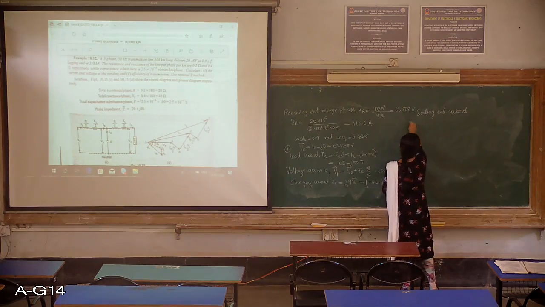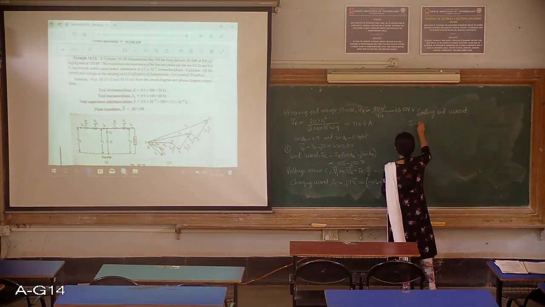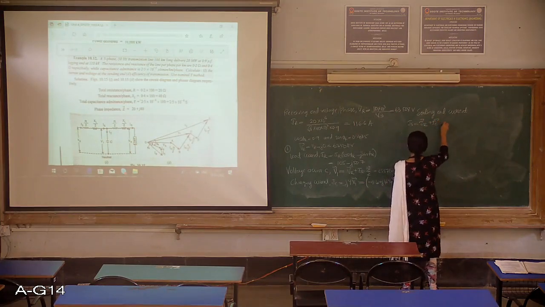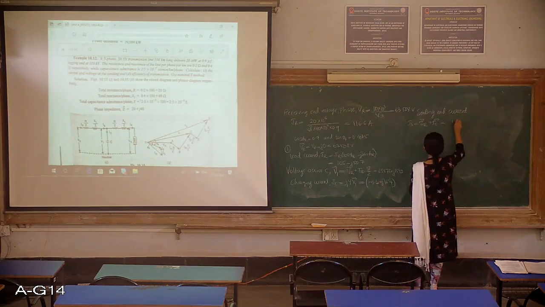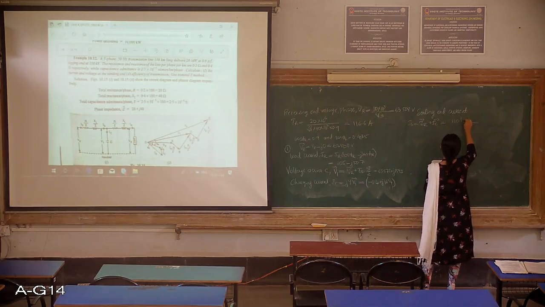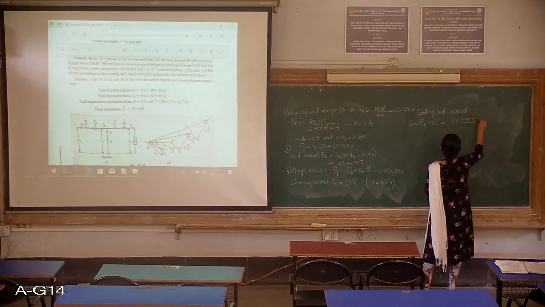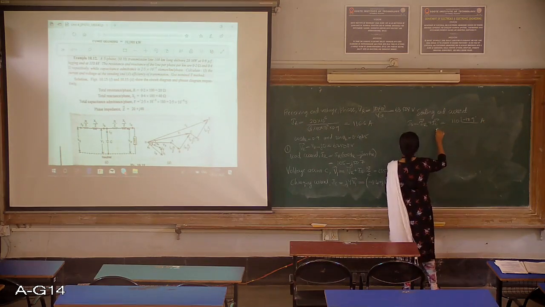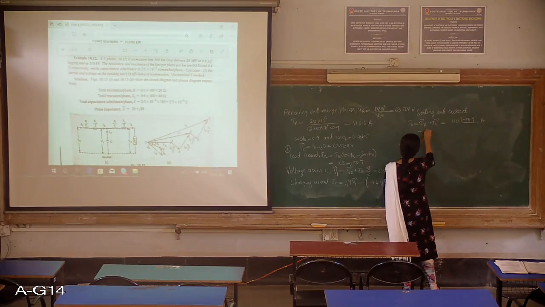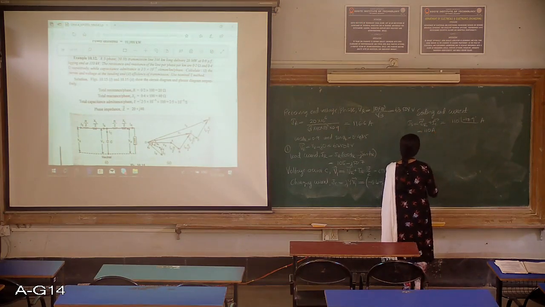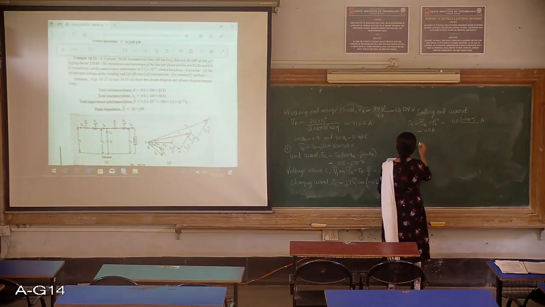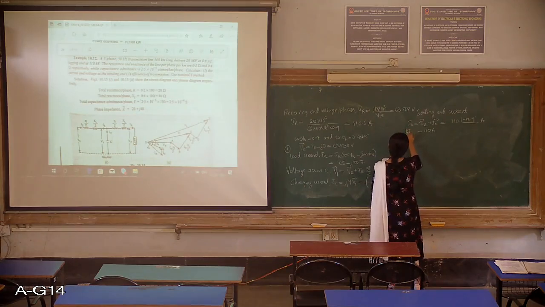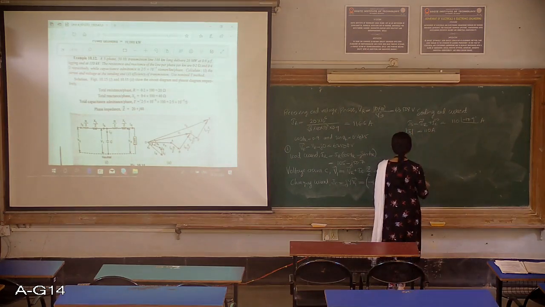Please refer to the phasor diagram: IS will be IR plus IC, and this comes out to be 110 at an angle of minus 18.9. Please verify this at home and get back to me if there are any discrepancies. We shall soon have a Google Meet to discuss your problems. So the magnitude of IS is 110 amperes.